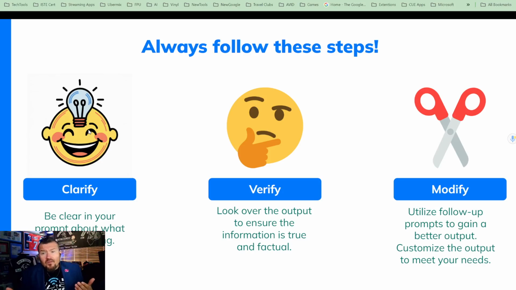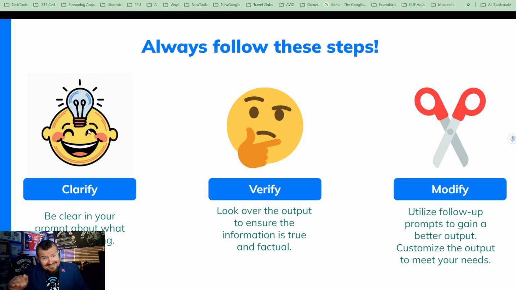Now, these are some things that you should be following every time when writing a prompt, when using prompts, and when using large language models. First, you need to clarify what you're asking. That's prompt engineering. Be as clear as possible using negative prompts and fair prompting in order to get the machine to understand what you are truly asking.